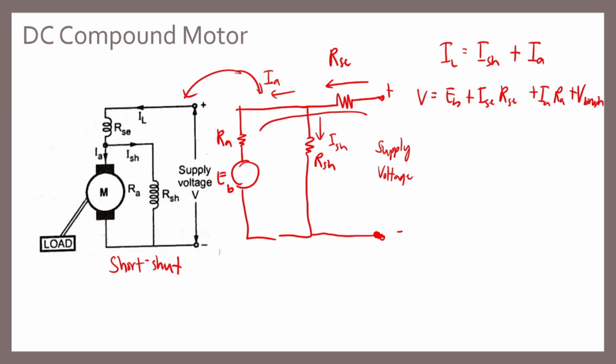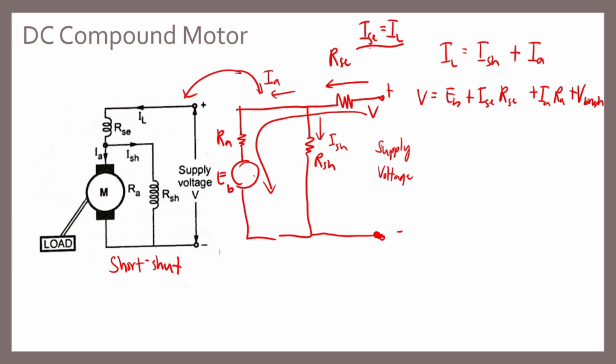If you loop, you start at V, then there is the voltage drop across the resistance, so that's why ISE RSE, where our ISE is equal to IL, because it is in series with the load or in series with the supply voltage. So ISE is just equal to IL. Okay? Then it flows to the armature, then going to the back EMF.